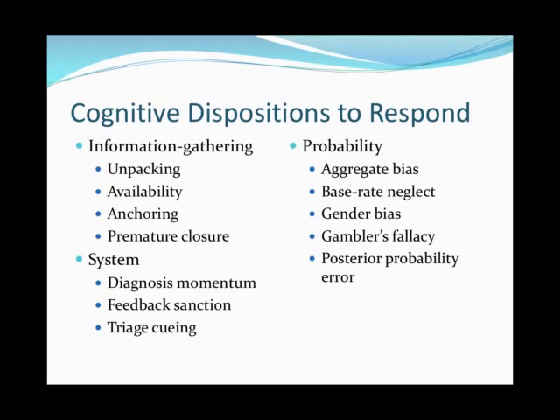I'm talking now about a systemic error that was caused by a problem with the system itself, or the group of doctors, or the hospital, all the people taking care of this patient, how all of them as a whole were thinking incorrectly. And also some probability errors, some errors of thinking where we just have a wrong way of thinking about the probability of a situation. So this will make more sense as we go through it.